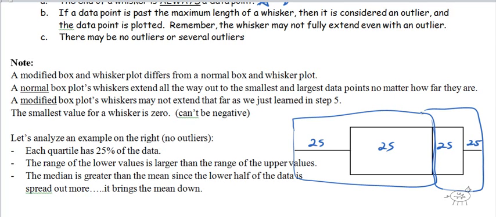Remember I talked about the modified box and whisker plot, and with a median, we're concerned about the range. That's where this comes into play. The range is a lot bigger in the lower values than the upper values. For example, we could look at the age of people in the classroom.